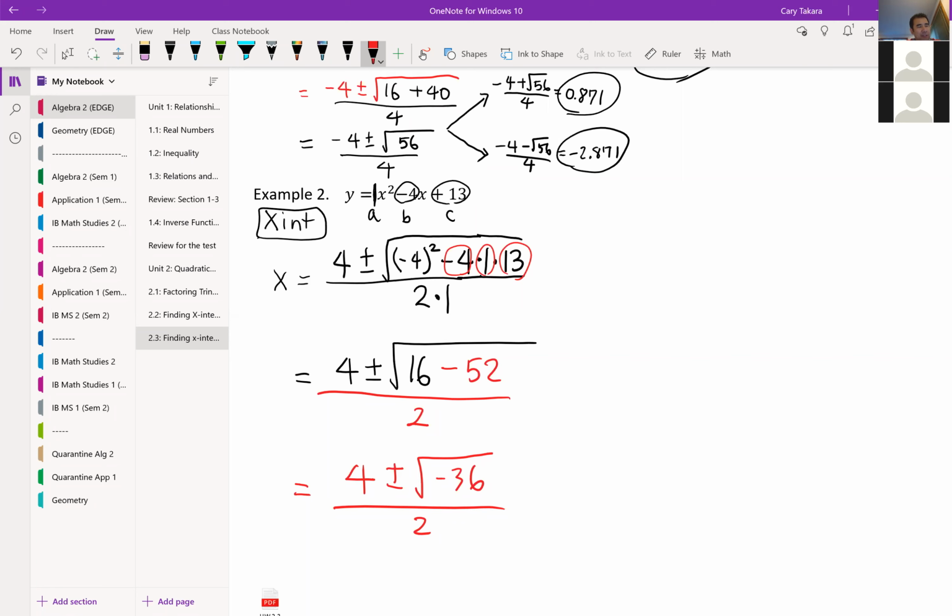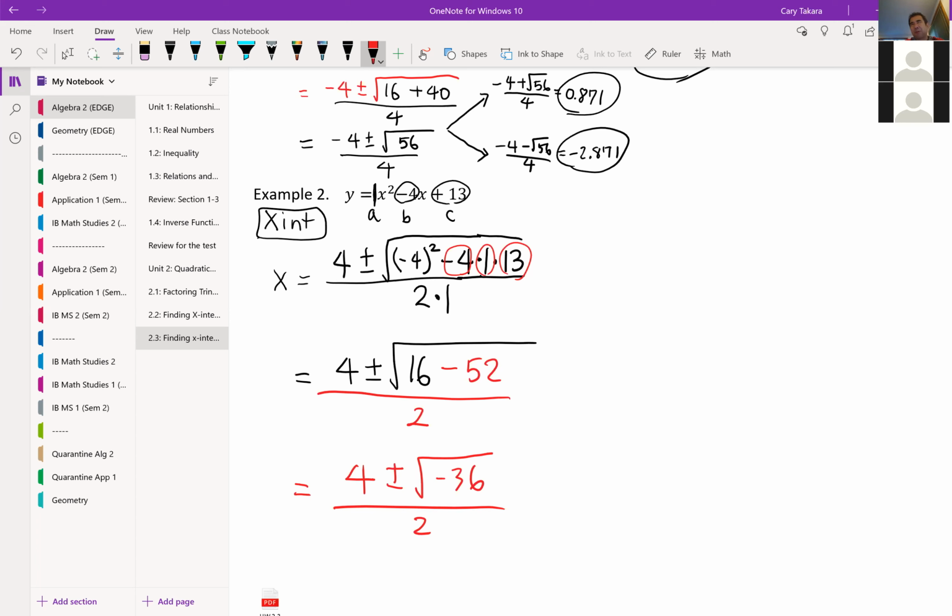Why not? It means that I'm going to stop right here and I'm going to conclude that there is no x-intercept. Yes. Do you guys understand now why?